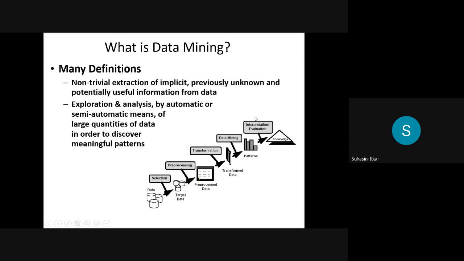From that, the interpretation or evaluation is done by various stakeholders, and knowledge generation follows. Are you clear with the basic phases of data mining? I want the answer in the chat window.